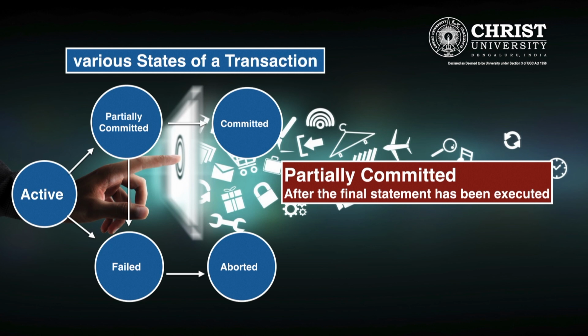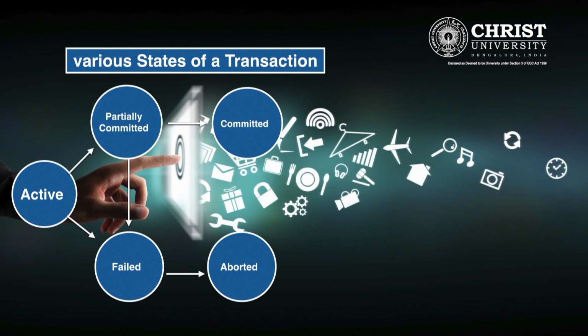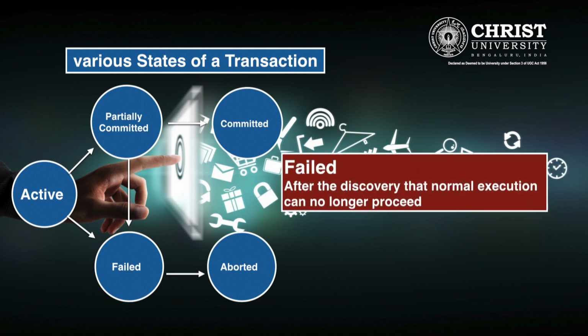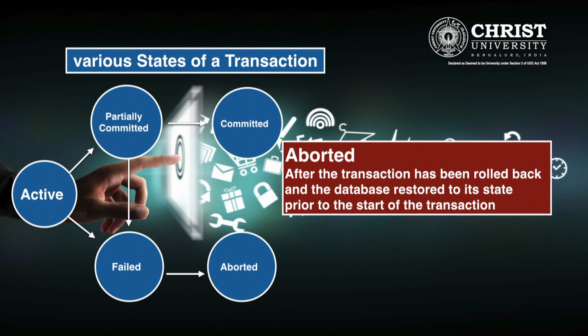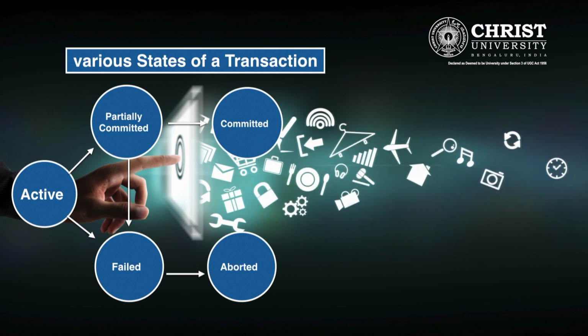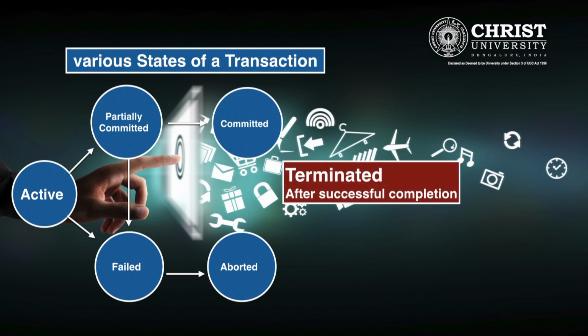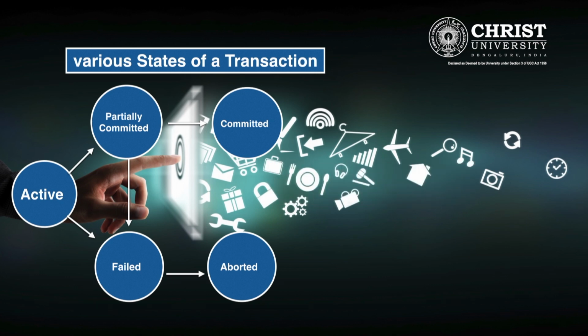This is the state after the final statement of the transaction has been executed. Failed state. This is the state after the discovery that normal execution can no longer proceed. Aborted state. This is the state after the transaction has been rolled back and the database has been restored to its state prior to the start of the transaction. Committed state. This is the state after successful completion of the transaction.